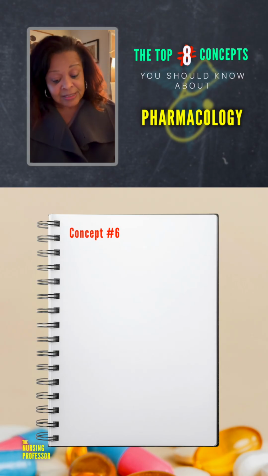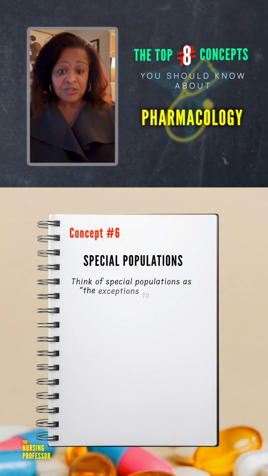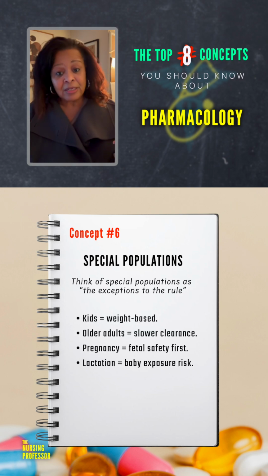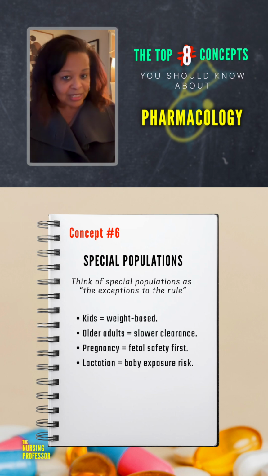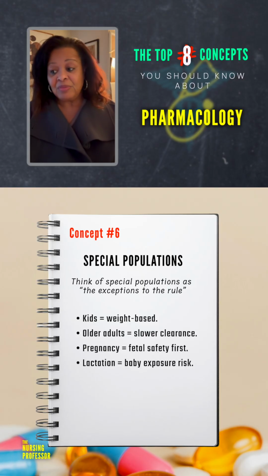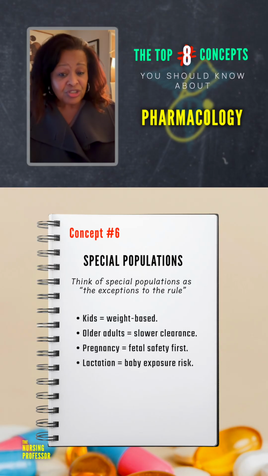Number 6 concept is be careful of special populations like those that are pregnant. Pregnant women can't take every medication. Those who are breastfeeding, same thing, because they can pass it on to their baby. The geriatric population, because their metabolism is slower. So you want to be careful, especially with pain medications, that they're not getting maybe a dose that's too high for them.